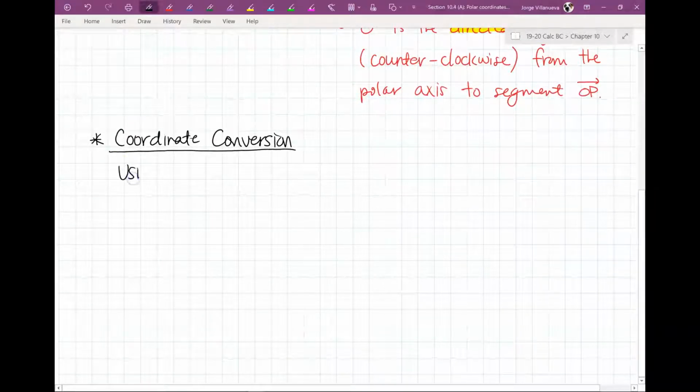Since I told you guys that our polar graphs look like circles, we're going to use the circle formula.